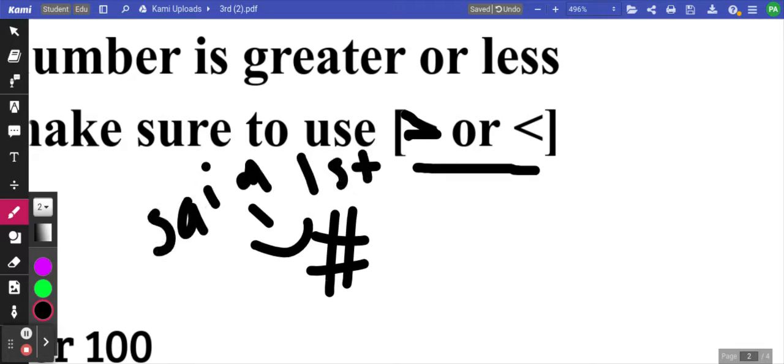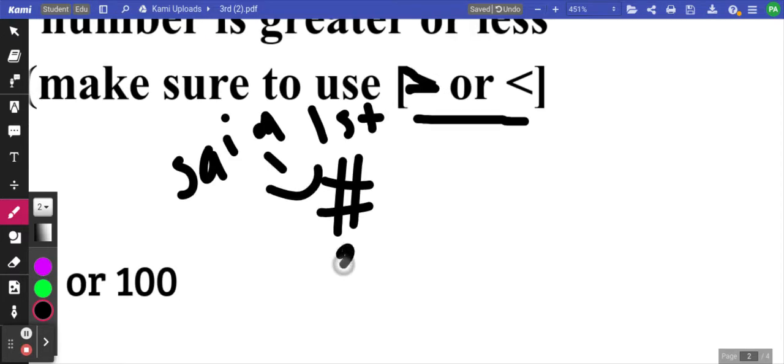So let's say this number was like 2. Now this symbol is going to come in place. And let's say we use 1. Well, obviously 2 is bigger, so we're going to quote unquote eat 2 and use that symbol. And so how do we say it? 2 is greater than 1.